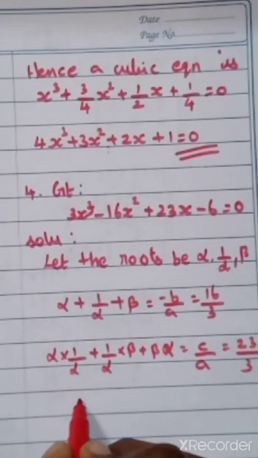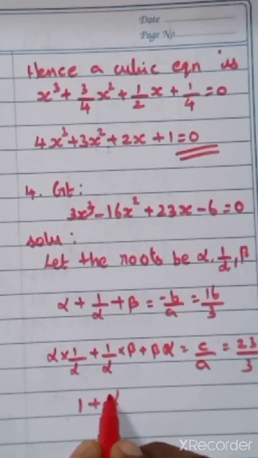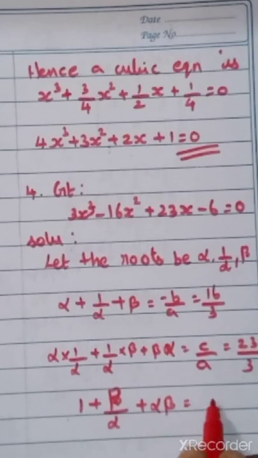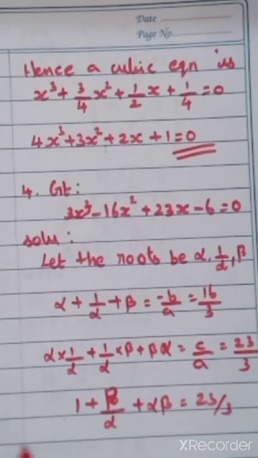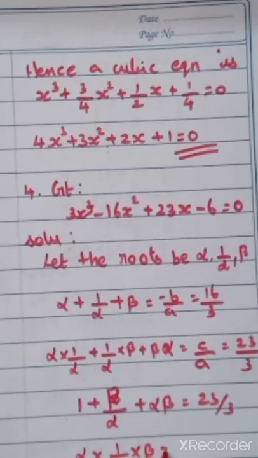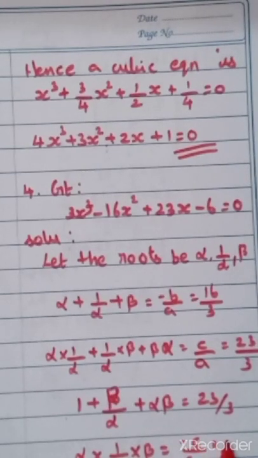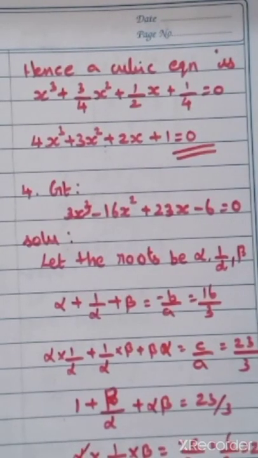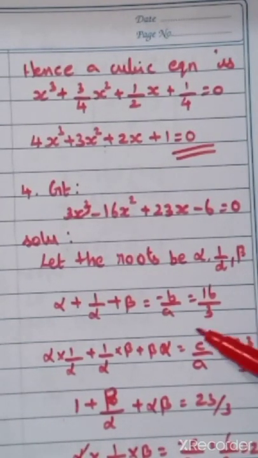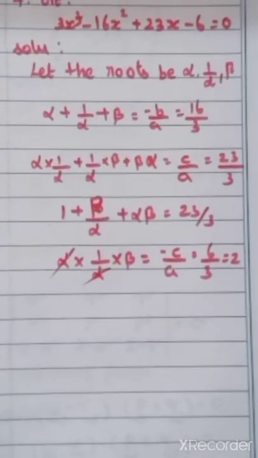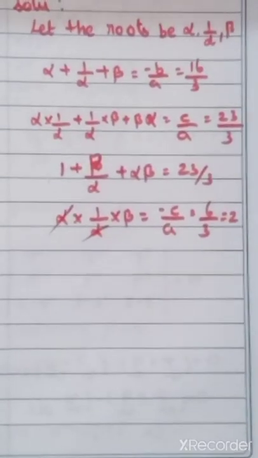So, this cancel panna 1 plus beta by alpha plus alpha beta. In answer kadachadu 23 by 3. Next, sum of 3 roots, alpha into 1 by alpha into beta, which is equal to minus d by a. அதாவது 6 by 3, which is equal to 2. Okay, இந்த alpha cancel ஆயிடும். Okay, so sum of single root find out பண்ணியாச்சு, sum of double root find out பண்ணியாச்சு, product of root find out பண்ணியாச்சு. Is that right?